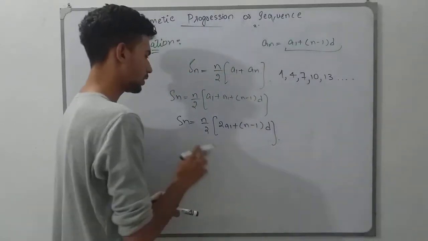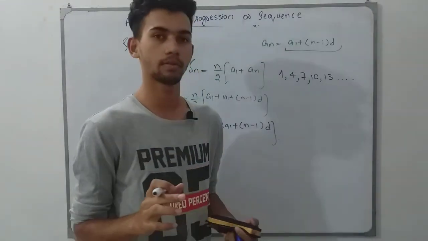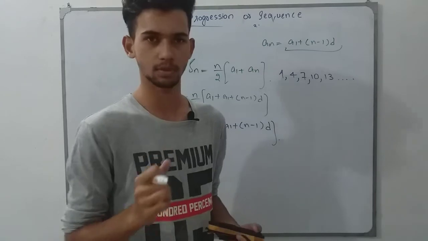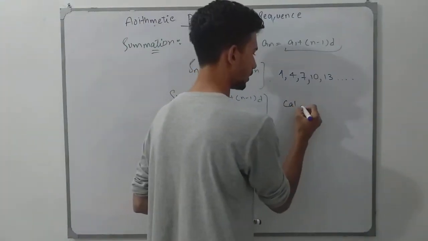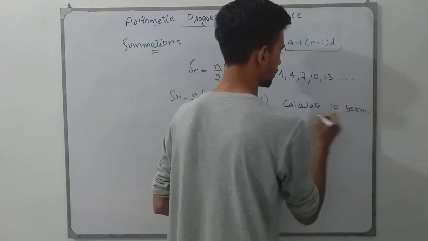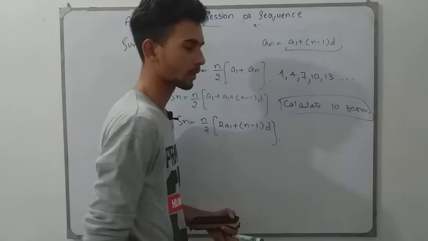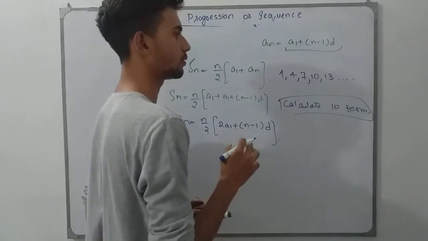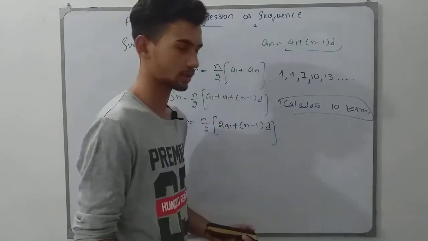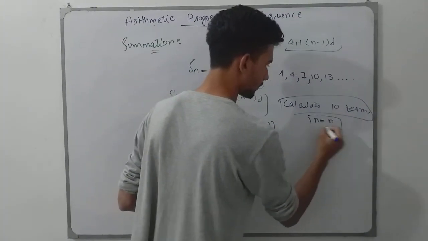Now they ask us to find the sum of 10 terms. Now we are going to calculate the sum of 10 terms. We have 1, 2, 3, 4, 5, we have 5 terms, but we need to find the sum of 10 terms. So n is equal to 10.